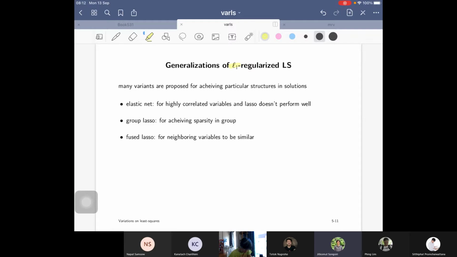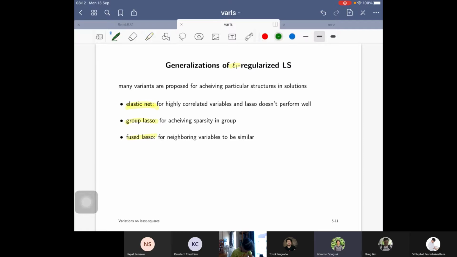So in applications, we can introduce L1 to be used with another norm as a composite of different norms, so that it suits different purposes of promoting sparsity in the solution. In this lecture, we will talk about three main problems, called elastic net, group lasso, and fused lasso.